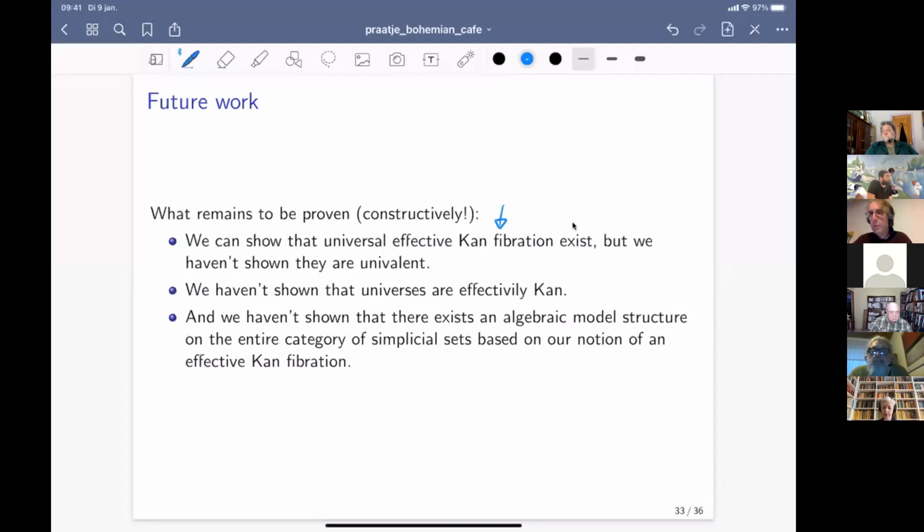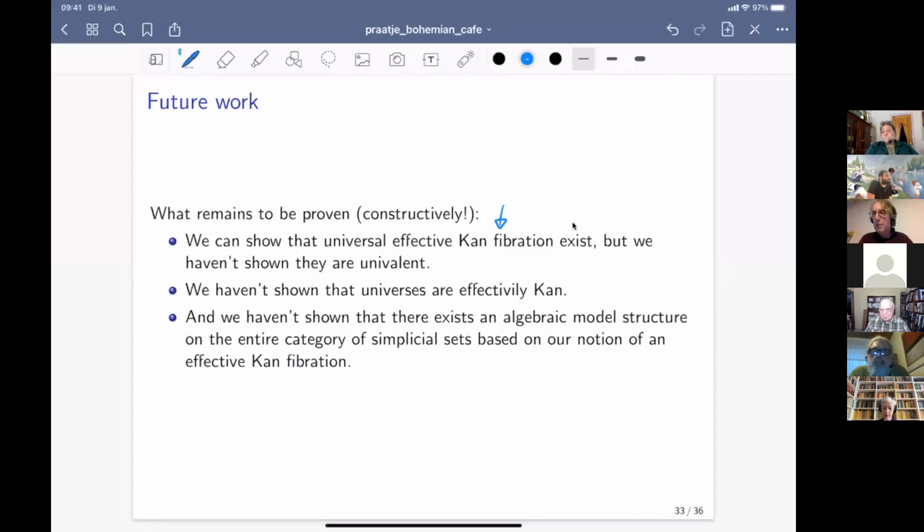It plays a very prominent role in, for example, the work of Henri and also Nicola, Sattler, and others.